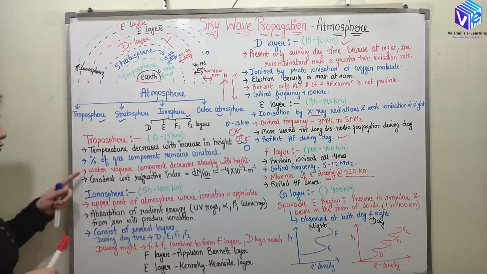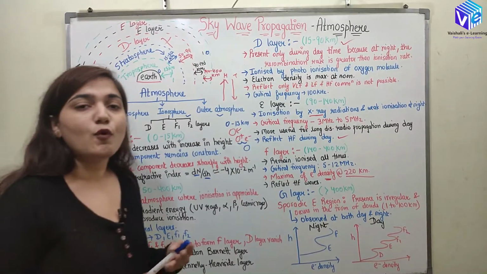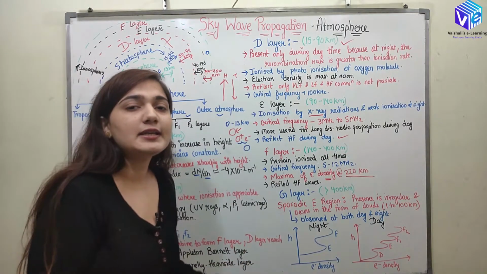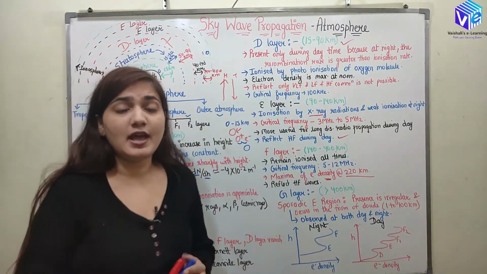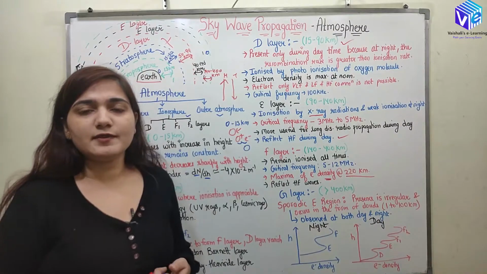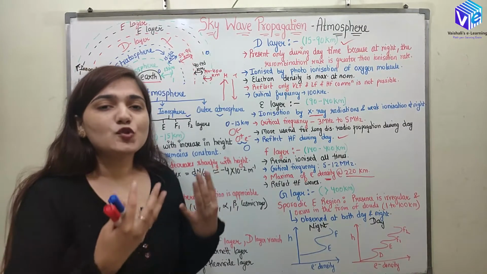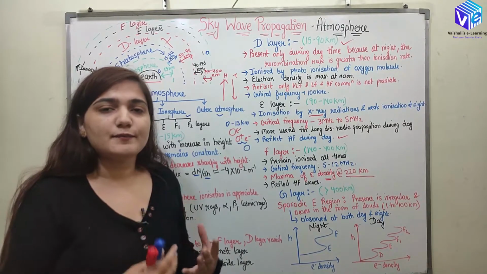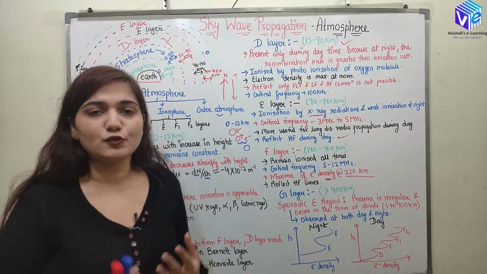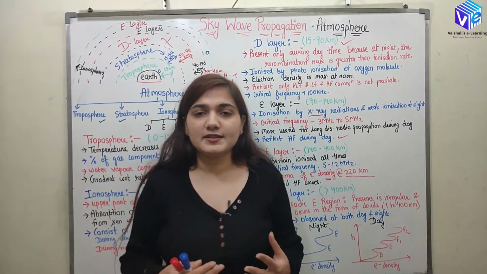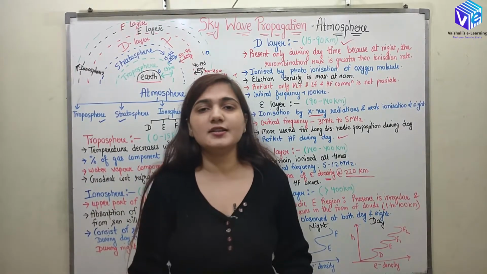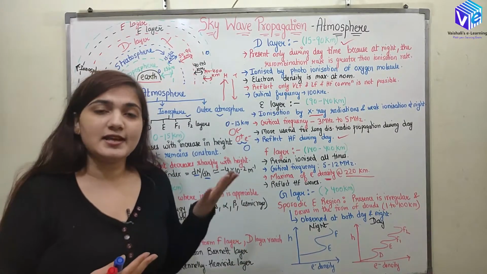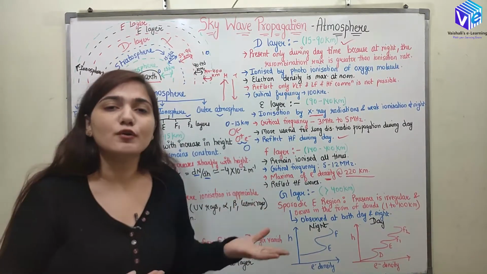Now coming to the water vapor. The water vapor concentration will decrease as I go up in the atmosphere. Water vapor is a very important part which absorbs the light energy from the sun. Also it absorbs the heat energy from the sun. So if water vapor is present in more quantity near the Earth's surface, near the surface I will have more heat energy or more temperature.